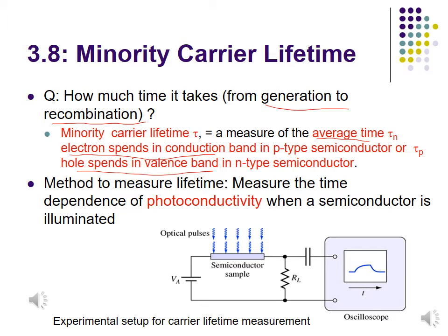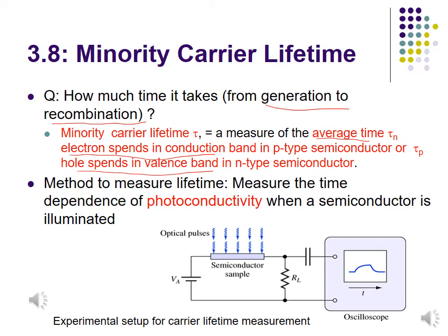For example, we can easily monitor the increase of current through a p-type semiconductor under light. The increase of current in the p-type semiconductor is due to the excess electrons generated when the light is on. Thus, we are actually monitoring the minority carriers.